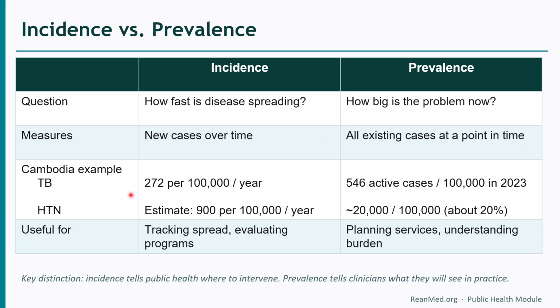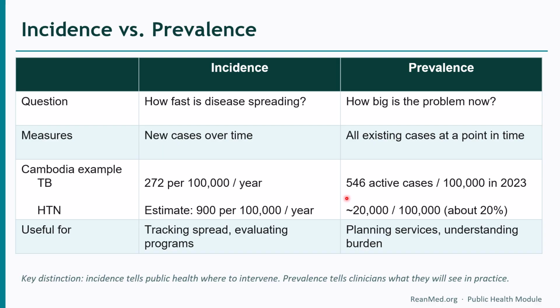So here's some Cambodia specific examples. In Cambodia, one study found that the incidence of tuberculosis, active tuberculosis, was 272 cases for every 100,000 people per year. That means 272 new cases of tuberculosis for every 100,000 people per year.